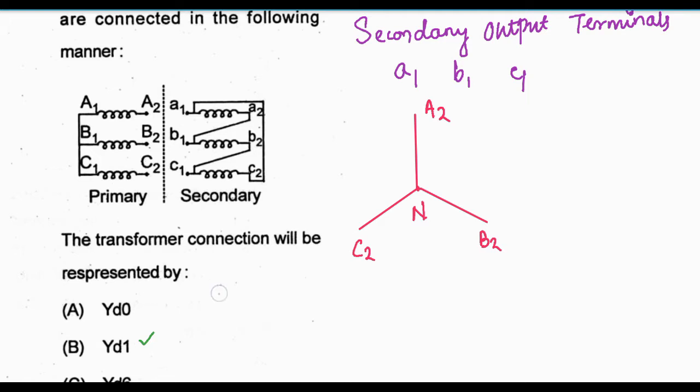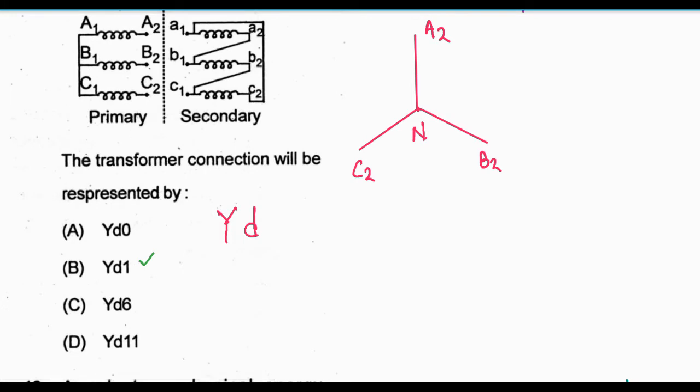So first one is capital Y, secondary is small d, that is a delta connection. So we have to here find out the clock angle, that is 0, 1, 6, 11. What is the clock angle here?